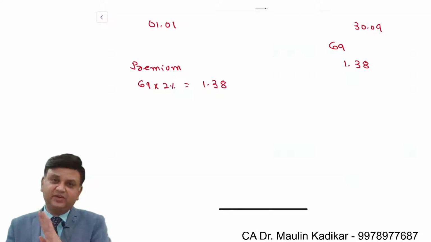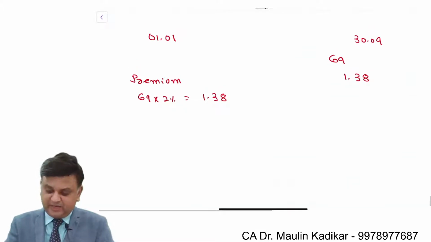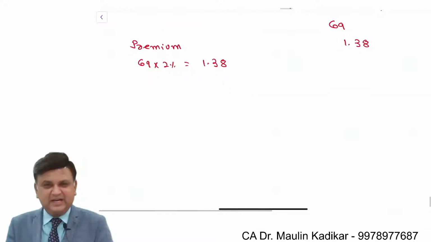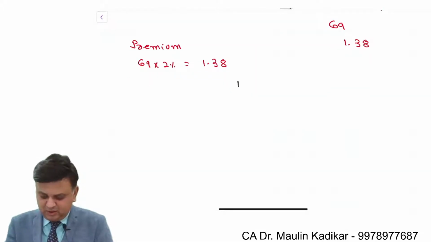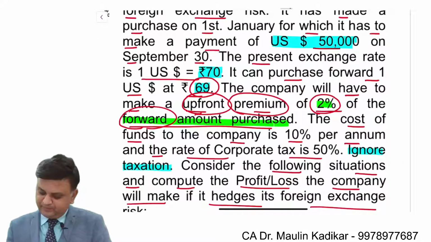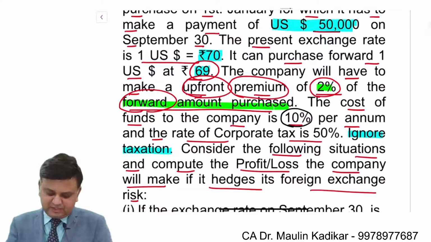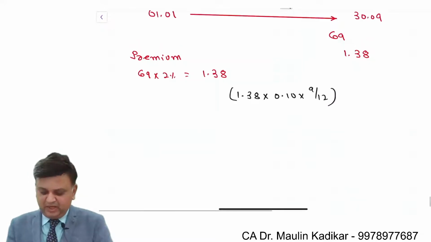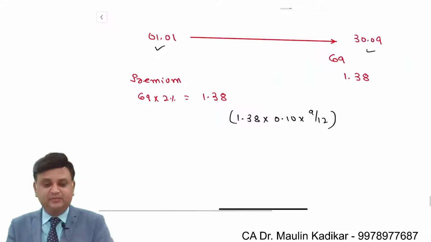The language of the question is very clear without any ambiguity, that this amount of the premium is required to be paid upfront. So we have to understand that we are required to consider the interest for this 9 months period. So a kind of opportunity cost, 1 rupee 38 paise that I could have invested somewhere else. What is the rate of interest? 10%. And what is the time period? 9 months, from 1st of January to 30th of September.